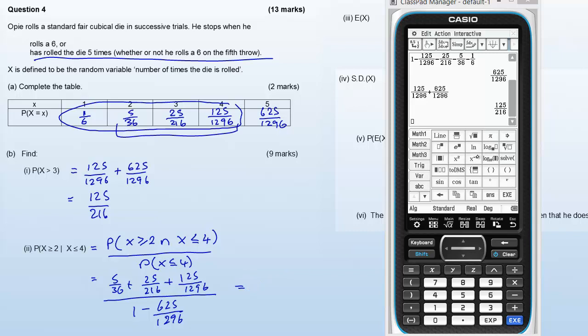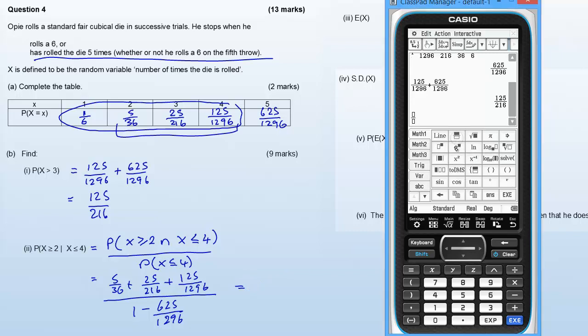So we can calculate that. So if I put a fraction here, what do we want on the top? We want the 5/36 and that should be on the top. Probably best off just doing it.